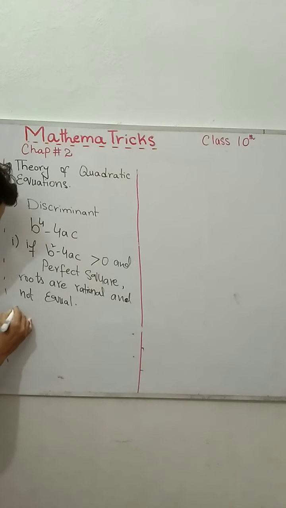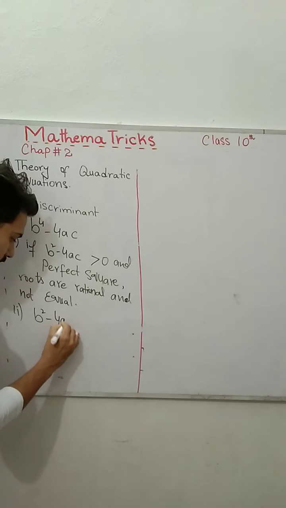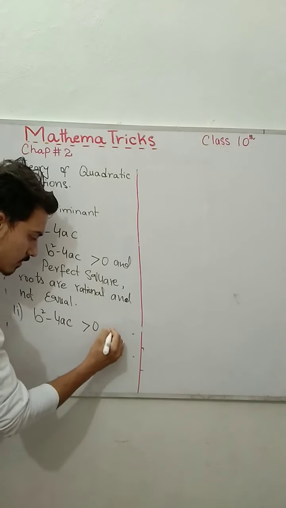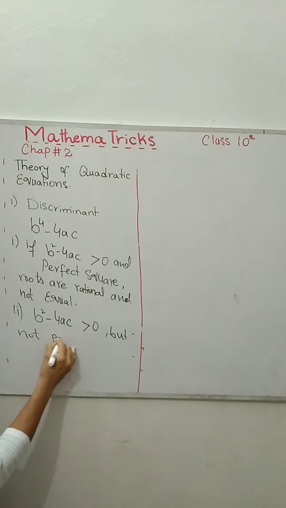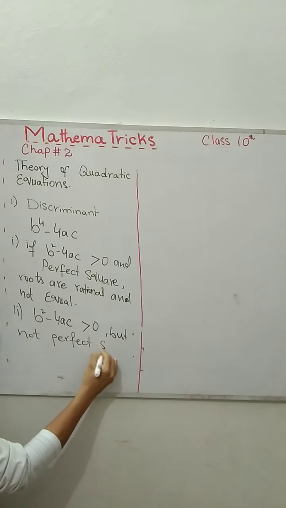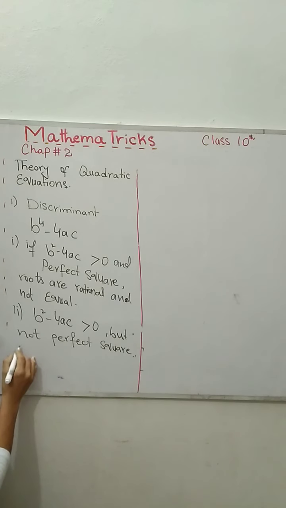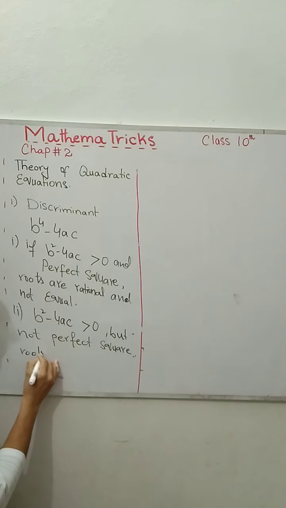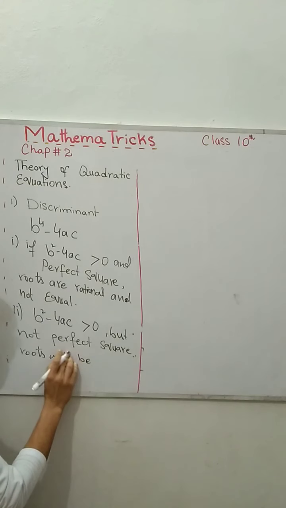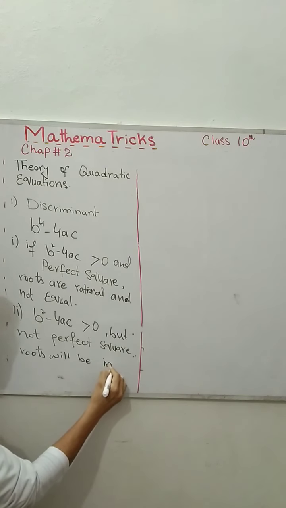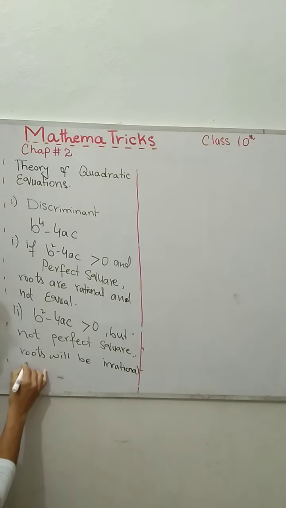Part second: if your discriminant b square minus 4ac is greater than 0 but not a perfect square, the roots will be irrational and unequal.